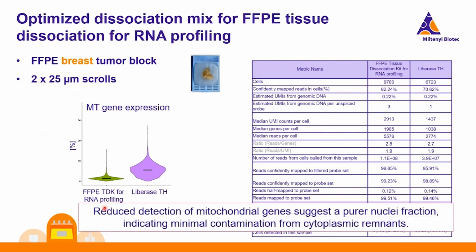The reduced detection of mitochondrial genes suggests that we have a purer nuclei fraction with minimal contamination from cytoplasmic remnants, which in the end also allows a better interpretation of your data, because you will have less background information coming from something you are not interested in.